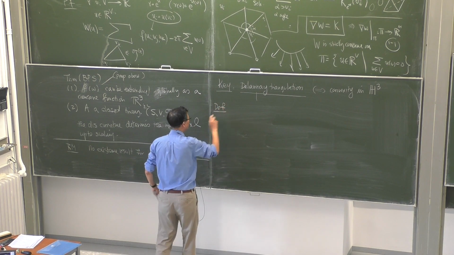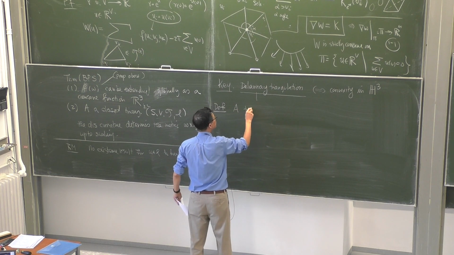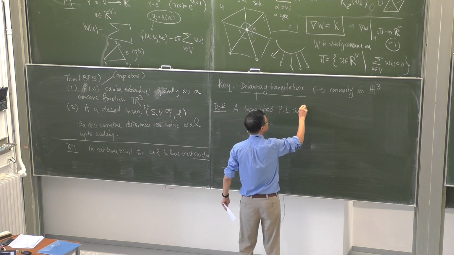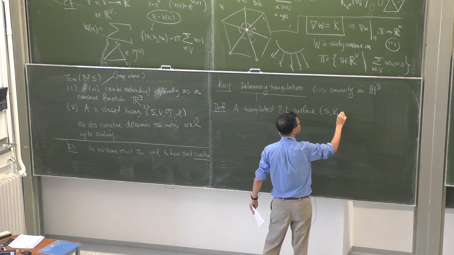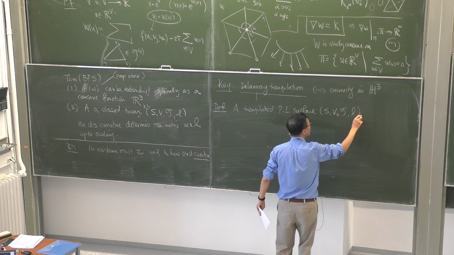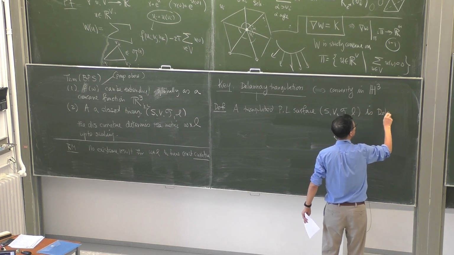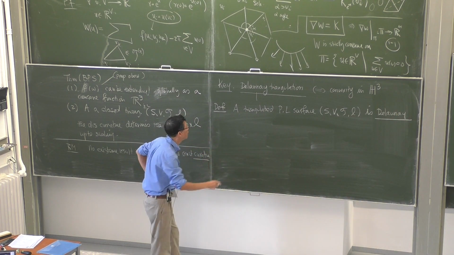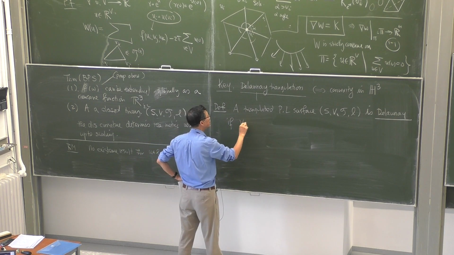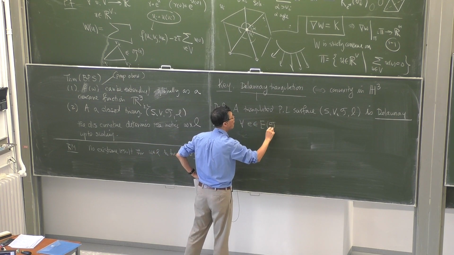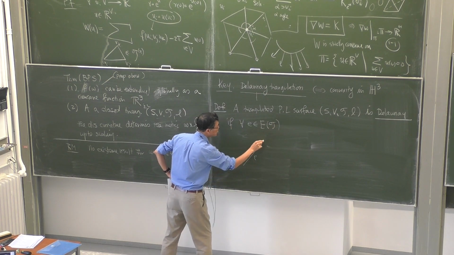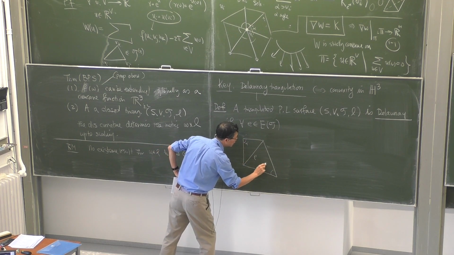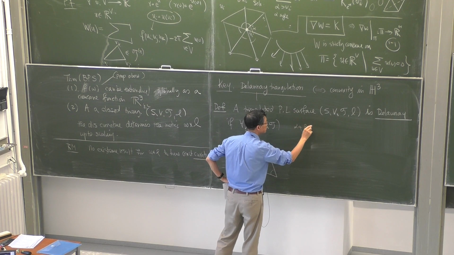Quickly recall: a triangulated PL surface is Delaunay if, for every edge in your triangulation, there will be two triangles adjacent to it, with angles alpha and beta, and alpha plus beta is at most pi.